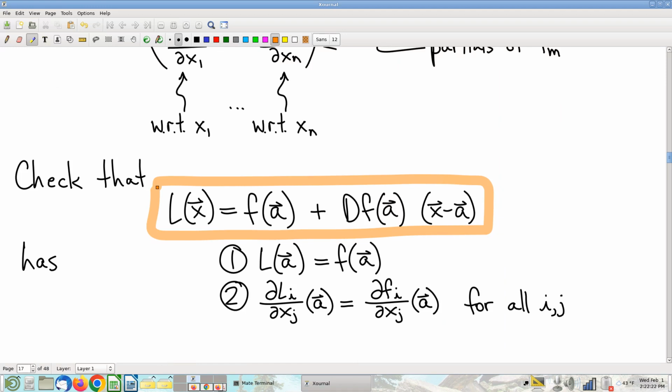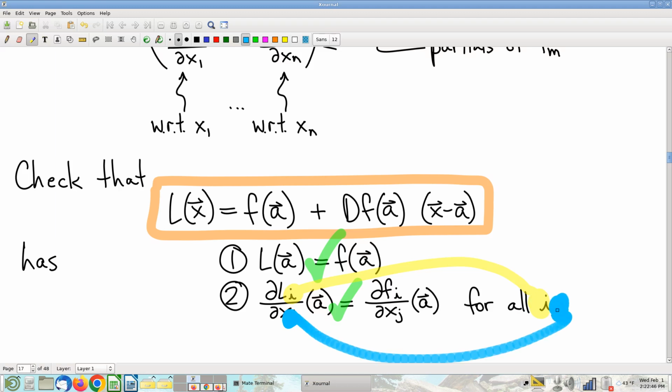And I assert, and y'all can check me on this, and in fact you should, I encourage you to check me on this, this function agrees with f in value and in all of the partial derivatives, by which I mean all of the partials of all of the output variables with respect to all of the input variables.